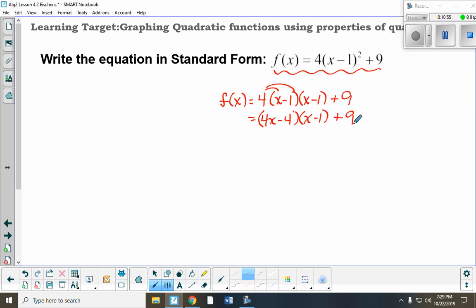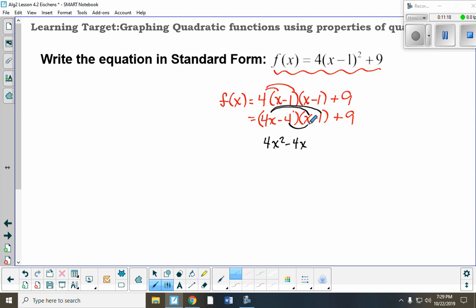So now we have a binomial times a binomial. If you remember back, the method we use is called FOIL, which is really double distributing. So you take the first times the first, which is 4x squared, and then the outer two, which would be 4x times minus 1.